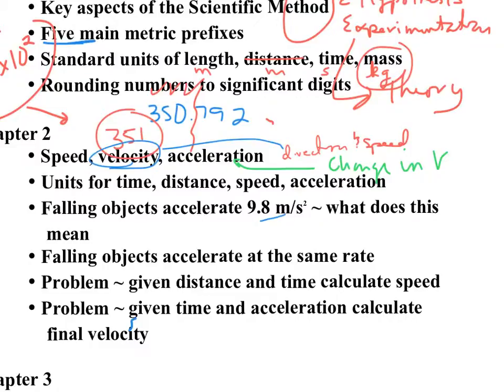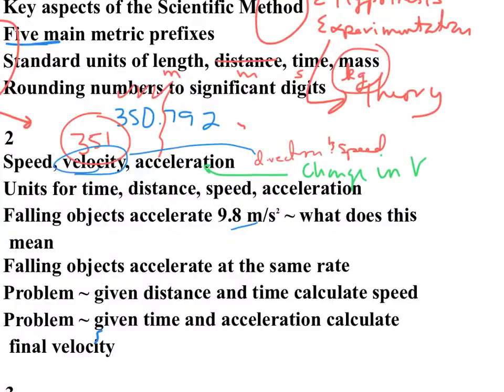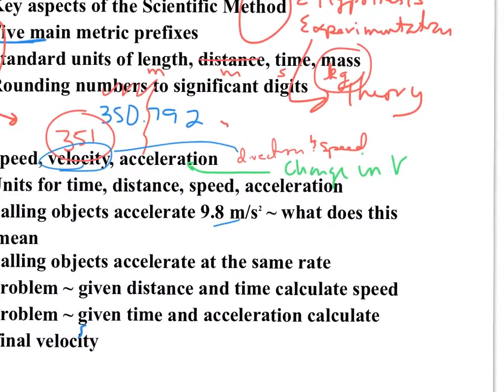Let's choose purple. So change in velocity, let's make it a smaller stylus. That could be change in direction and or speed.